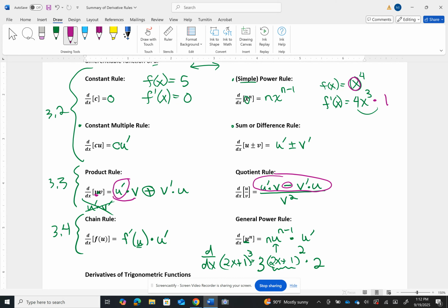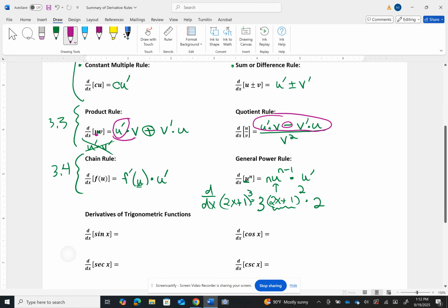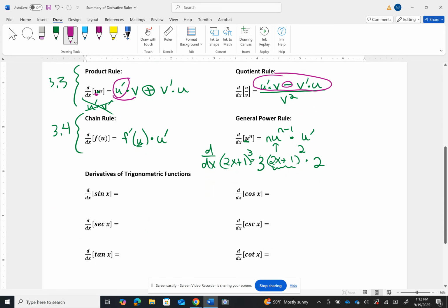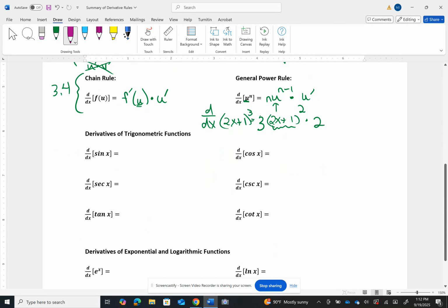Okay. Now, the derivatives of the trig functions, to prove these, you actually have to use some of those trig identities for some of them. And then we also need to use, like for sine x and cosine x, if we tried to find the derivative using the limit process, we'd have sine of x plus h minus sine of x over h.